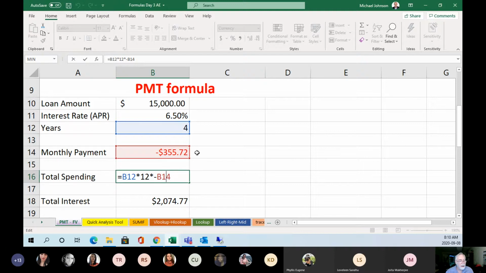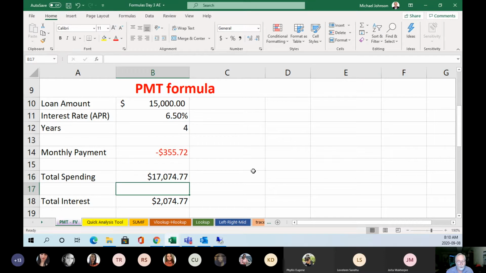If you have a negative and a positive, it's a negative. But if you have two positives, it's a positive. And if you have two negatives, it's a positive. So in this case, by having a negative for our monthly balance and by putting a negative in front of it, it automatically makes it a positive figure. So when I press enter, I get a positive number. And it tells us fundamentally, I'm paying over $2,000 in interest over 4 years.